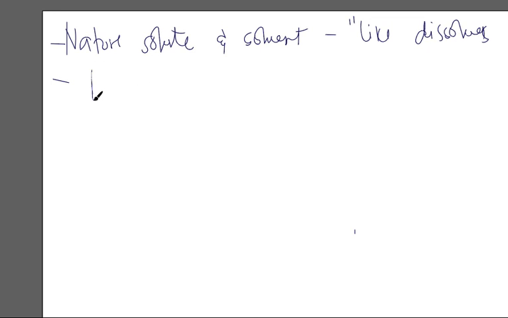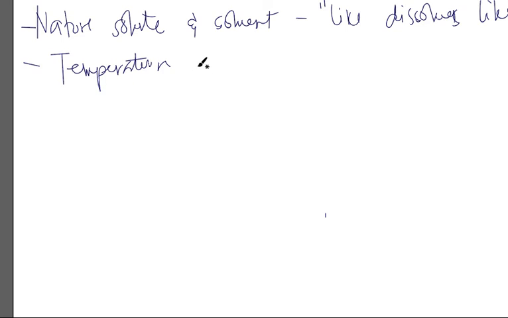The next factor that affects the solubility is temperature. For solid and liquid, we know that temperature really affects them, because for solid and liquid, the rate of solubility is high if the temperature is high. But that is not the same with gases. If the temperature is high for gases, they move freely and can escape the container.